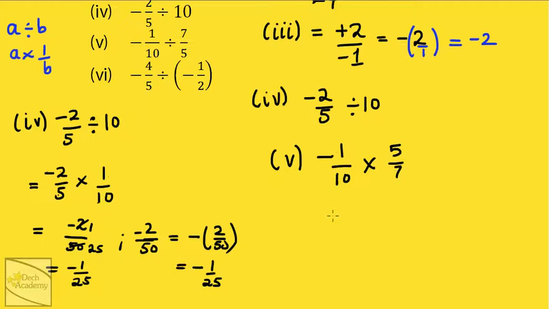You just swap the positions of the numerator and the denominator. So now I'm left with just multiplying two fractions by each other. So I have minus 1 over 10 times 5 over 7. So it's minus 1 times 5, which is minus 5 over 10 times 7, which is 70.